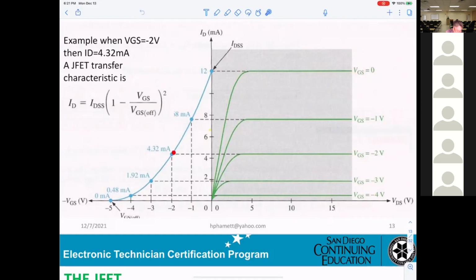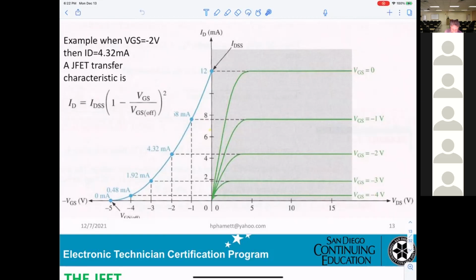They just give you a few points: what current ID and what the VGS equals. That one will be VGS off. So that's why they say the JFET works from VGS equals 0 here up to VGS off, and this is any value of VGS.